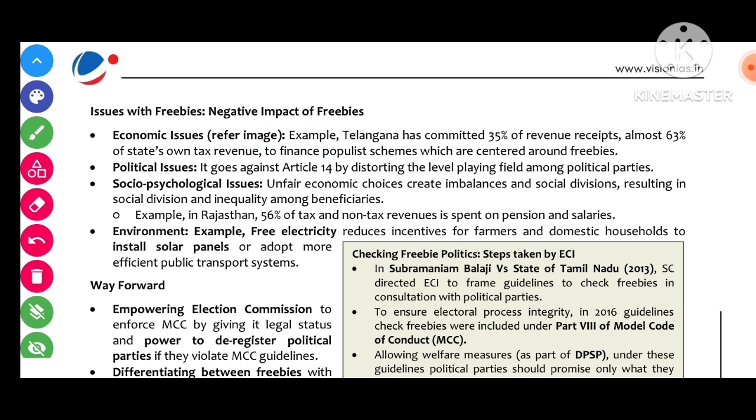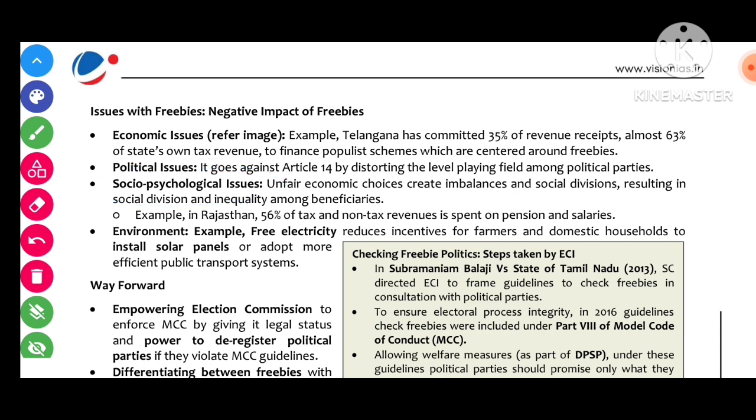For example, Telangana has committed 35% of revenue receipts, almost 63% of its own tax revenue, to finance populist schemes centered around freebies. And political issues, in that it goes against Article 14, which includes the right to equality before law and equal protection of the laws.